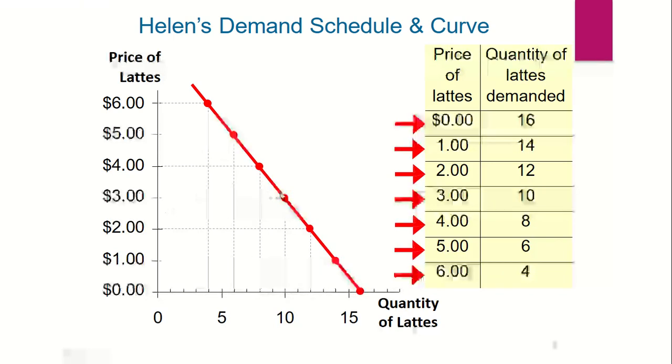At $3, the quantity demanded is 10. At $2 price, quantity demanded is 12. At $1 price, quantity demanded is 14. And at 0 price, quantity demanded is 16. By joining all these dots, we get the demand curve, and this red line is known as the demand curve for Helen.